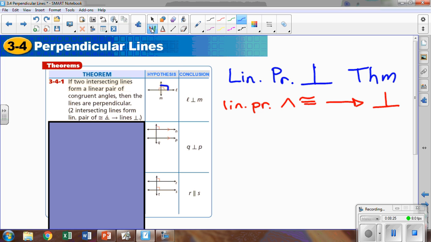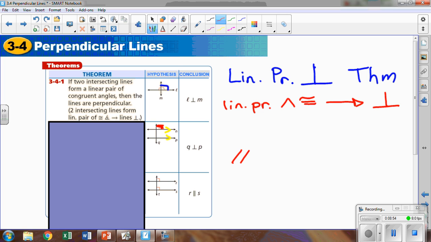This one is saying, you'll notice right off the bat that we have the arrows on our lines. This is a problem that begins with having parallels. If the lines are parallel at the beginning of the problem, okay, so we'll say we have parallels, but we'll also notice we are given this 90.